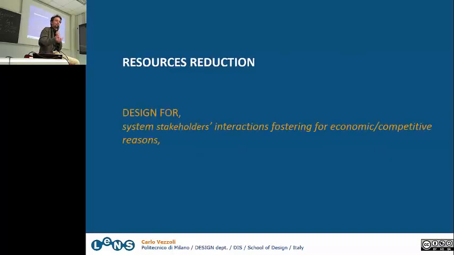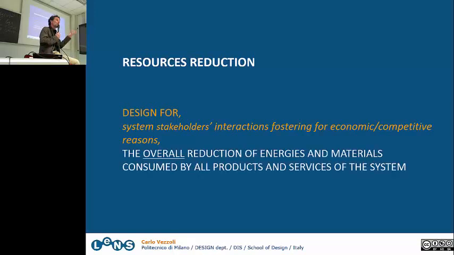Resource reduction, either energy or material: designed for such a stakeholder interaction that for economic and competitive reasons leads to the overall reduction of both energy and material consumption during the life cycle of all the products being part of the system.